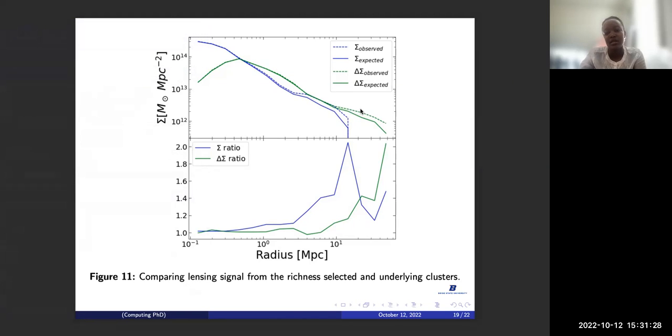In the dotted line, we see a boosting of the lensing signal in both. The boosting we're observing was computed from the clusters selected using the redMaPPer algorithm. The solid line represents the lensing signal computed from the underlying halos, and the lower panel shows the ratio of the two respective weak lensing signals.